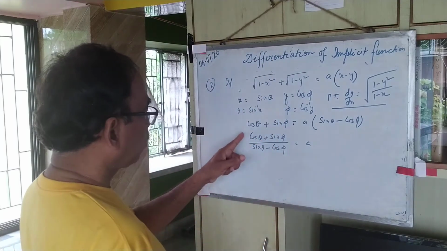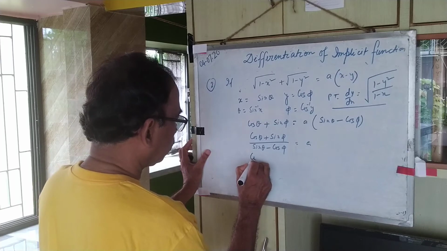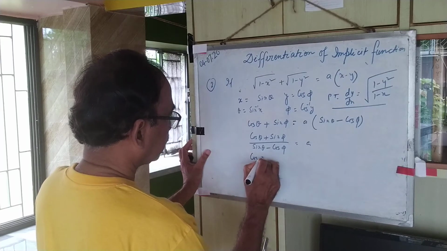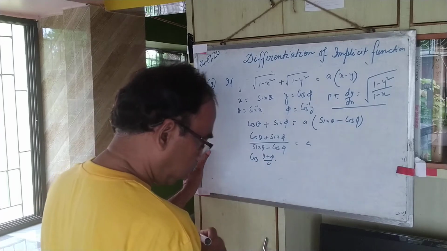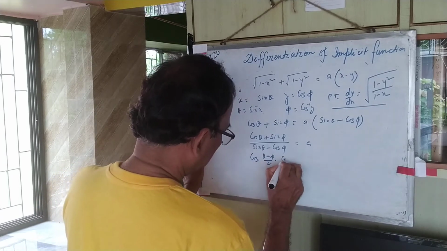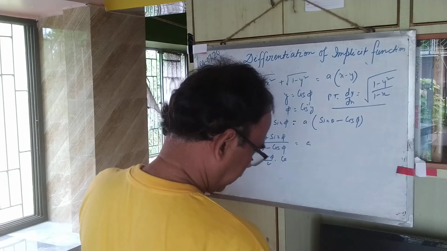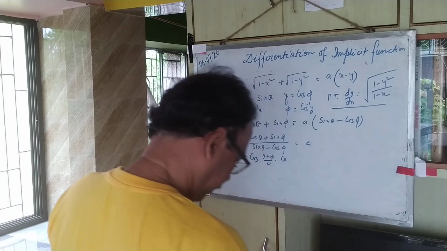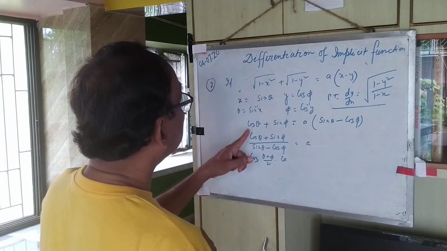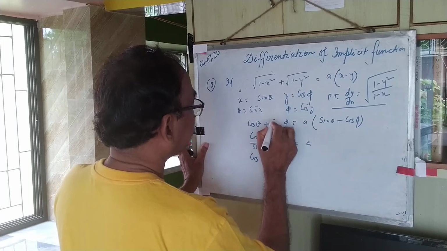Then using cos C plus cos D equals 2 cos (C plus D) by 2 cos (C minus D) by 2, that is 2 cos (theta plus phi) by 2 cos (theta minus phi) by 2.